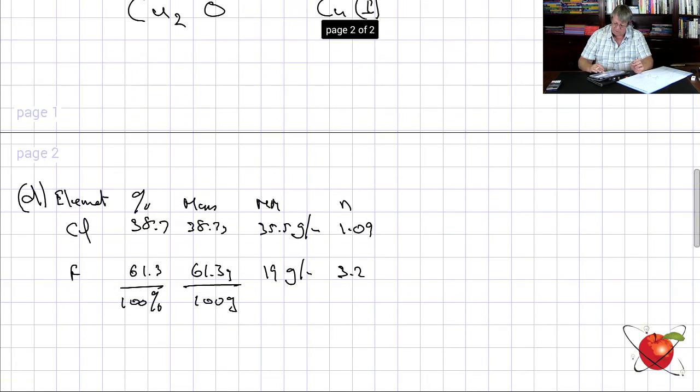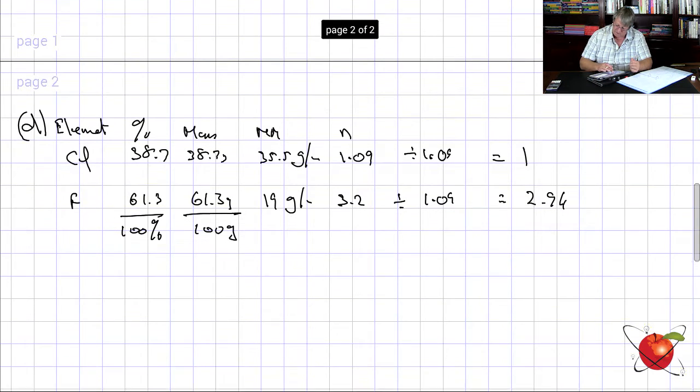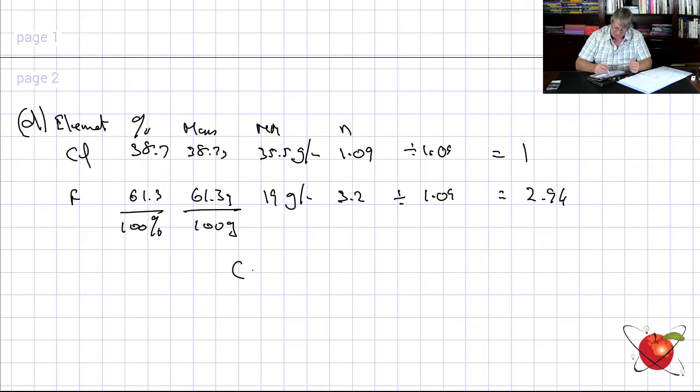Now what do we do? We manipulate it, correct? We divide by the lowest. Divide by 1.09 gives us a 1 and a 2.94. So basically, it's ClF3.